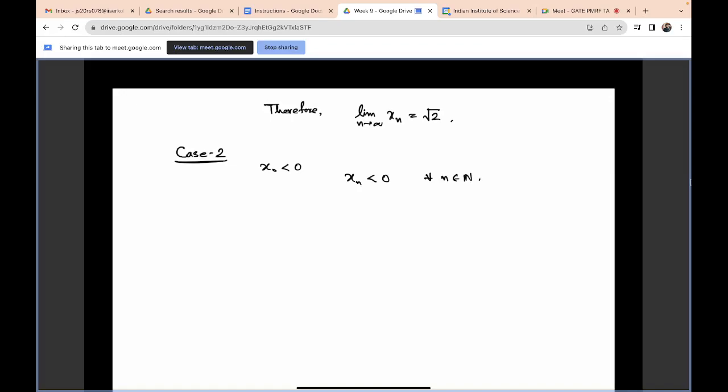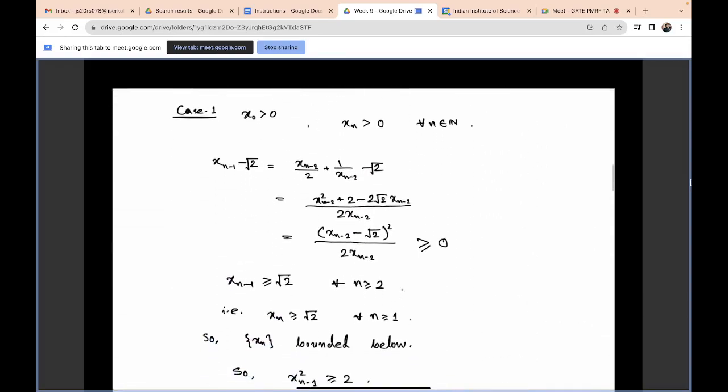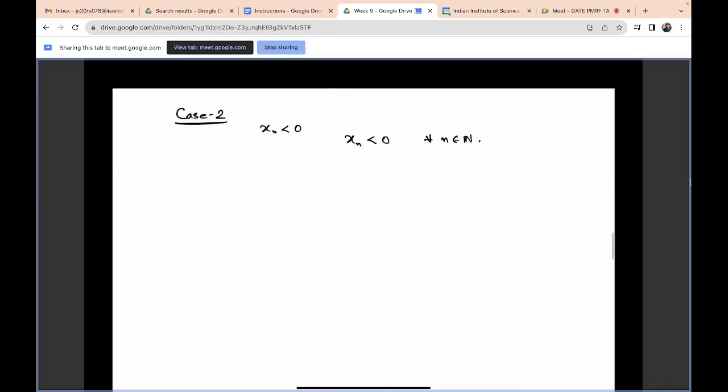So this is a negative sequence. Now check xn minus 1 plus root 2.